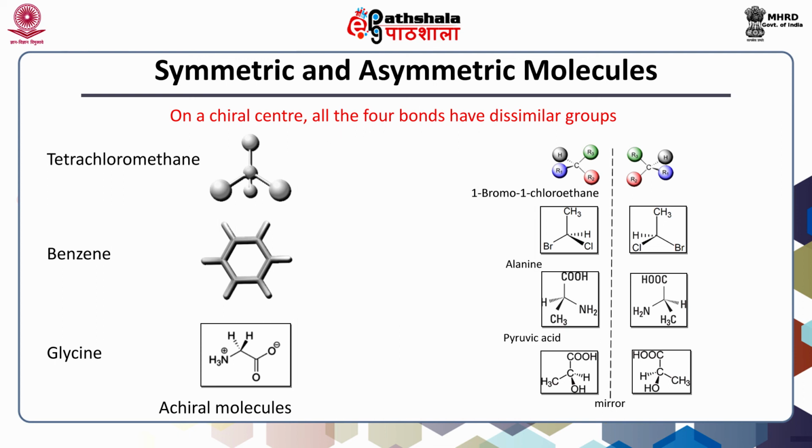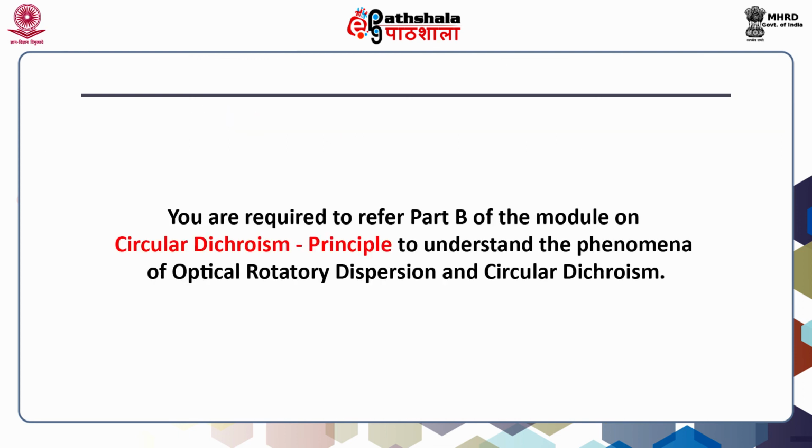In the next few slides, I shall explain how plane polarized light and circularly polarized light are produced, as well as how they interact with an optically active medium in greater detail. You are required to refer to part B of the module on circular dichroism principle to understand the phenomena of optical rotatory dispersion and circular dichroism.